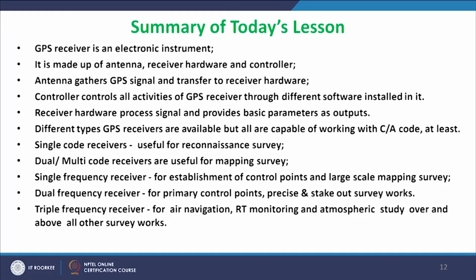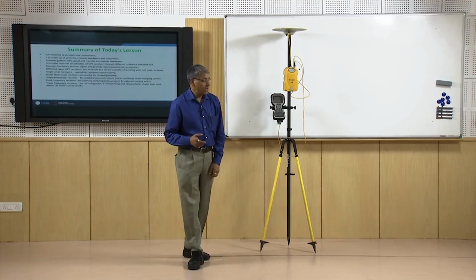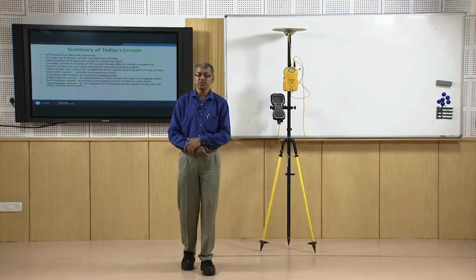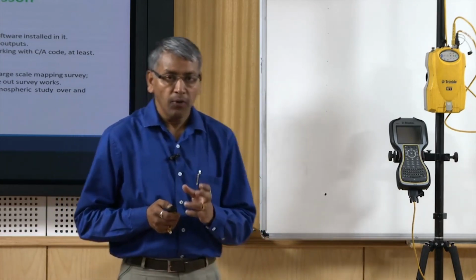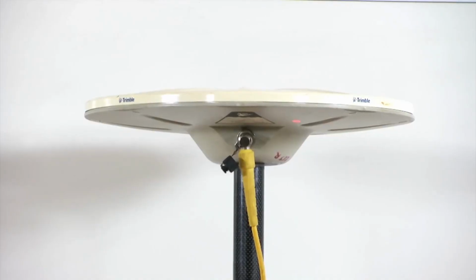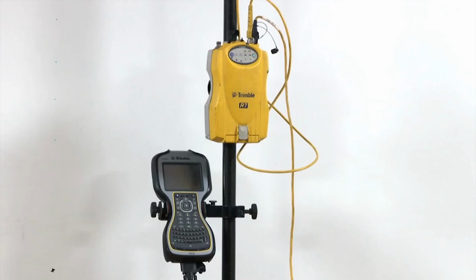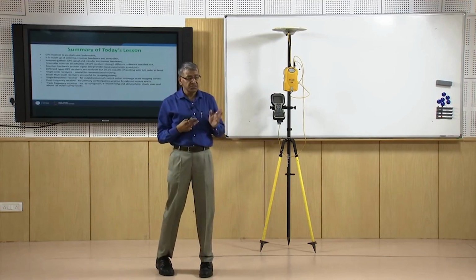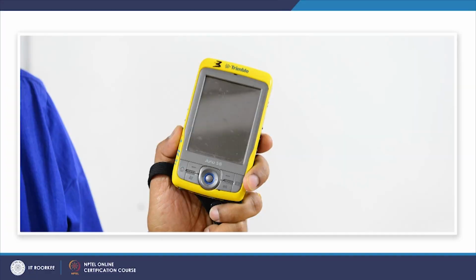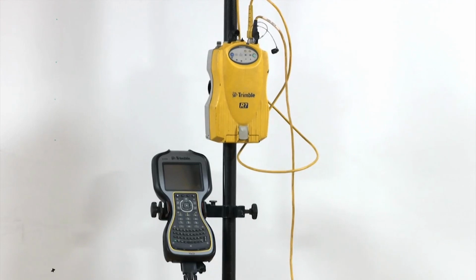Now let me summarize the total class. In today's class I discussed the GPS receiver, which is an electronic instrument. It consists of three basic components: the antenna, the controller and a receiver, and they are put together through connectors, and these receivers may appear as a single unit or it may be a combination of different units which exist independently.